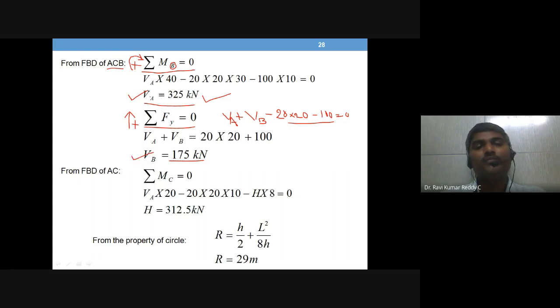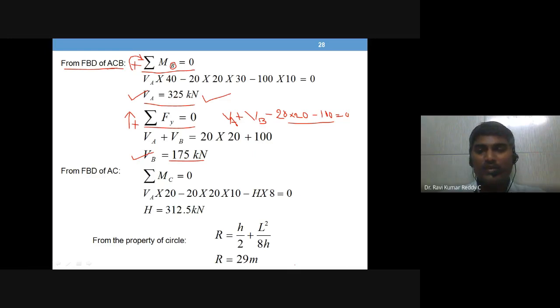You see, reaction at A is 325 kilonewton, whereas reaction at B is less, 175 kilonewtons only. So this is by taking the total arch free body diagram.